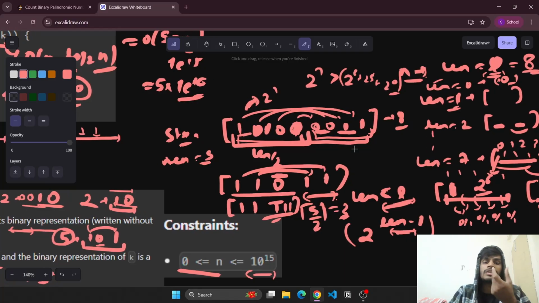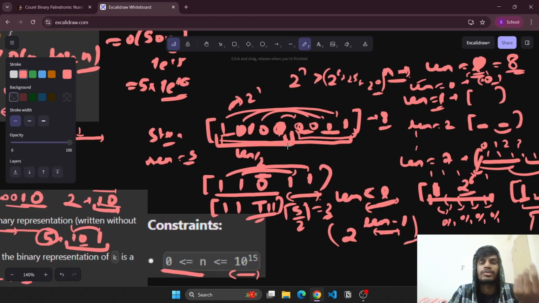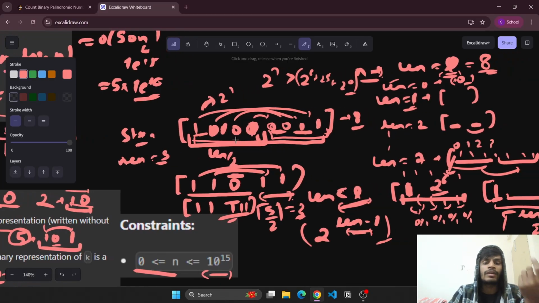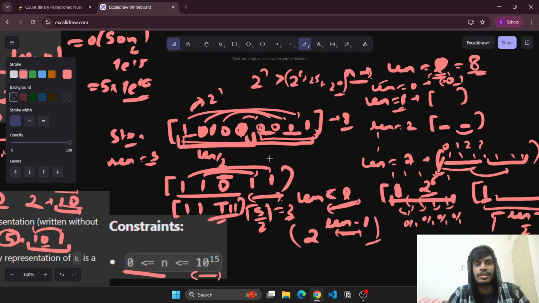So we try to create the first half, and on the basis of that first half we see all those numbers which are less than or equal to N. Now, for creating those first halves, we look at the number of bits present in the binary representation of N.